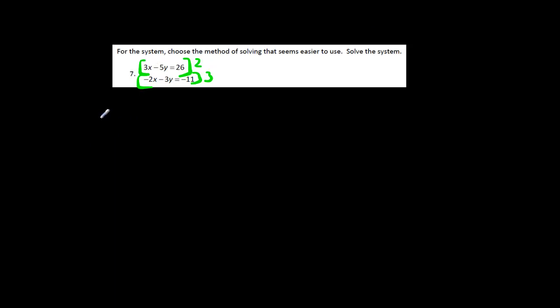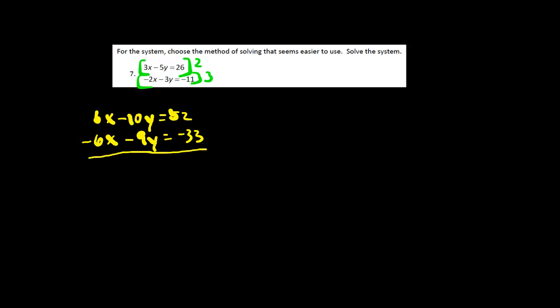So when I multiply the whole top by 2, I get 6x minus 10y equals 52. On the bottom, I'm going to have negative 6x minus 9y equals negative 33. So when I add down, the x's cancel, which is what I wanted.